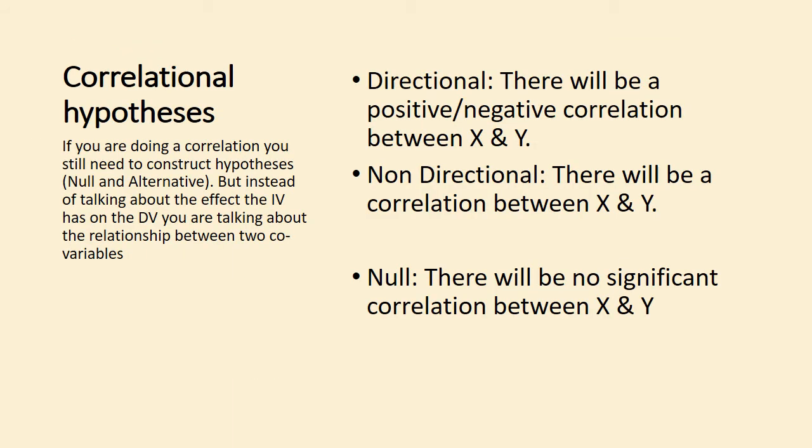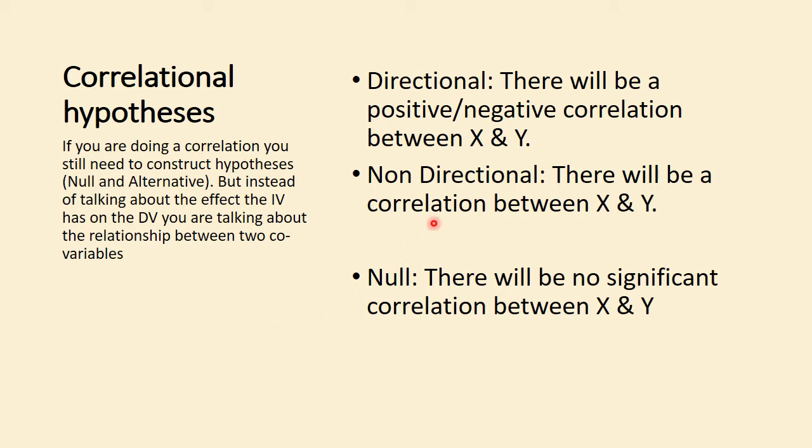The other thing to be aware of is if you're doing a correlation, you would write a correlational hypothesis. This works in exactly the same way as a normal hypothesis. You still create a null, but instead of talking about the IV and the DV, you just talk about your two covariables.